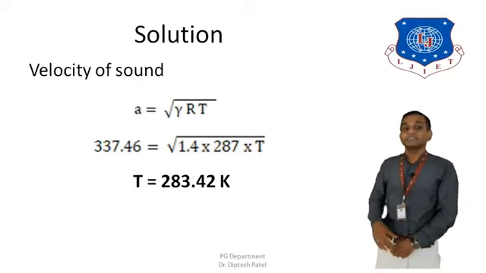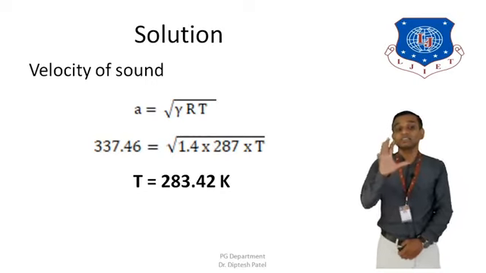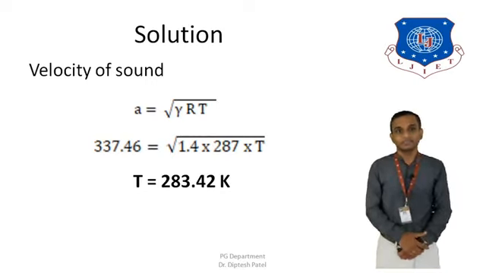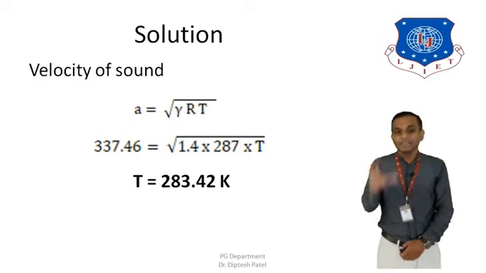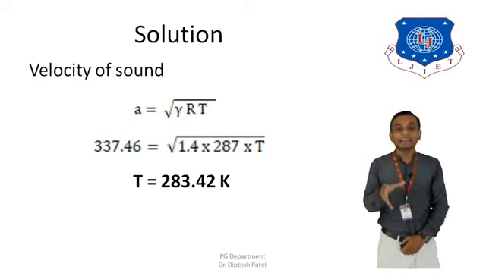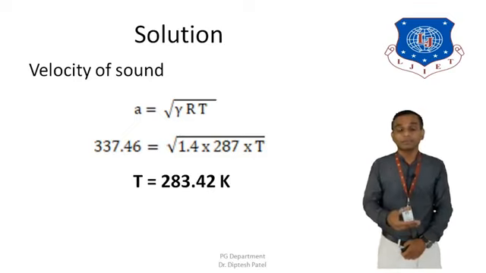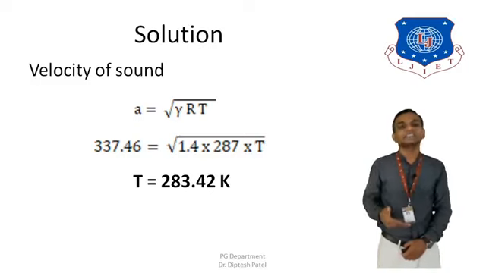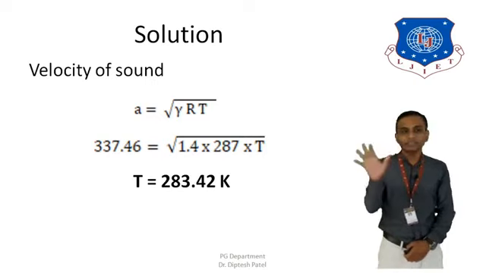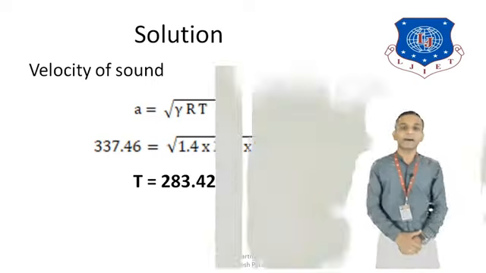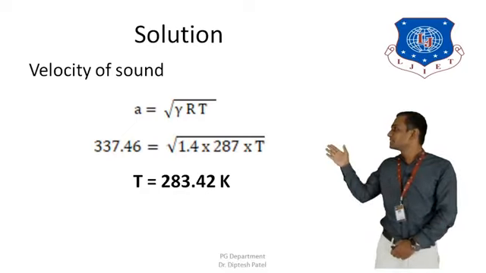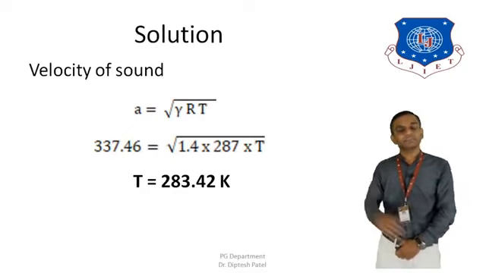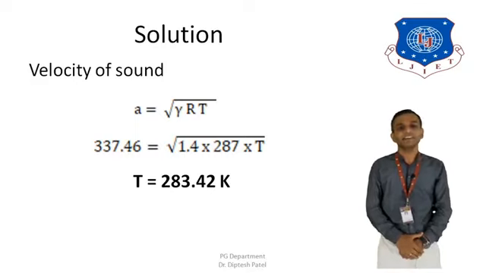Now let's move further. Next, we are going to calculate the temperature at static conditions, and we have the values of gamma, R, and the velocity of sound a. We are going to use the equation of velocity of sound: a is equal to under root of gamma R T. Putting the values, a is 337.46, gamma is 1.4, and R is 287.